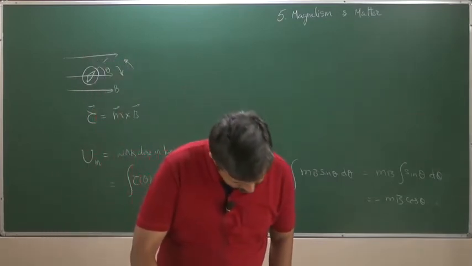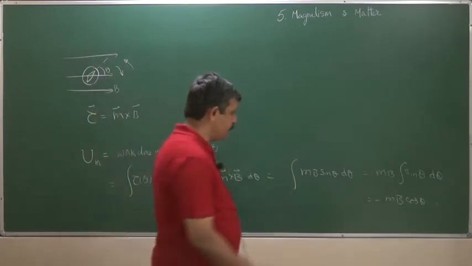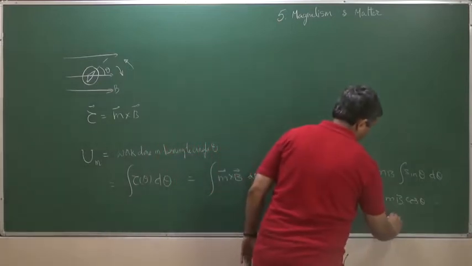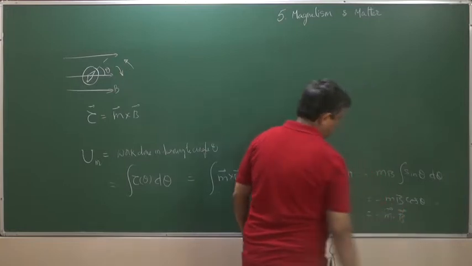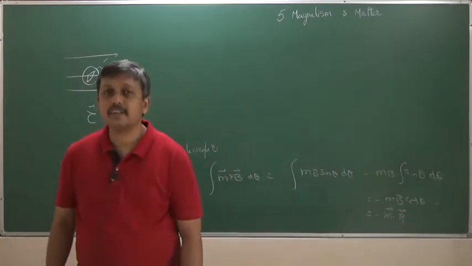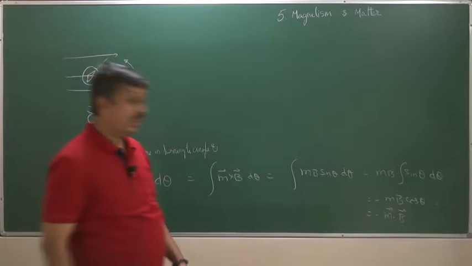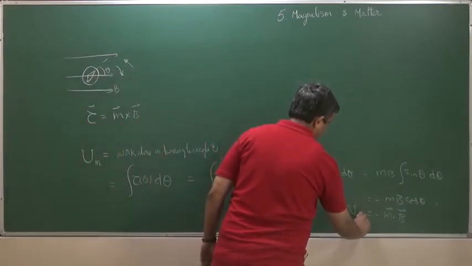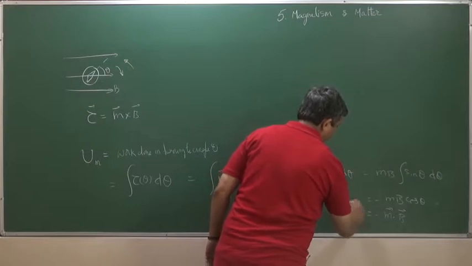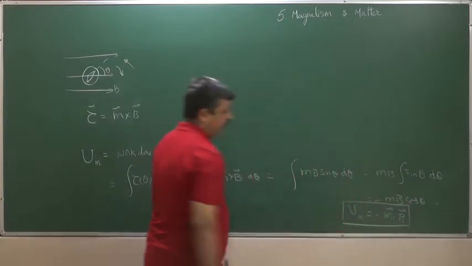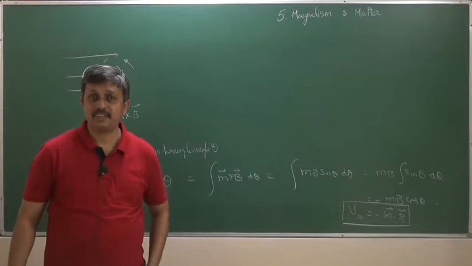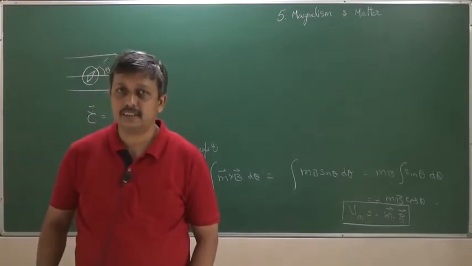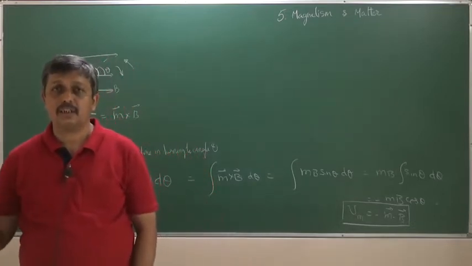Now this can be simply written in the vector form as m dot b. In the electric field situation also, we got the work done as p dot e, that is dipole moment dot electric field.